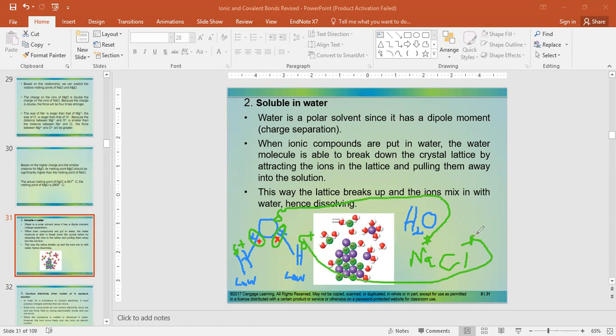And in the process, that lattice is going to be broken up. And when it is broken up, we are going to have sodium ions and the chloride ions existing separately as mobile ions in solution. So this is when we say that it is an aqueous solution of sodium chloride.